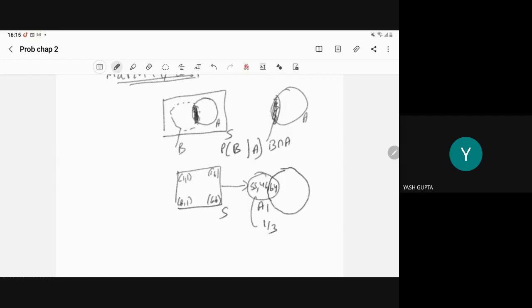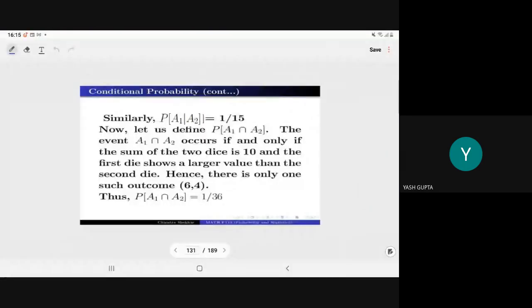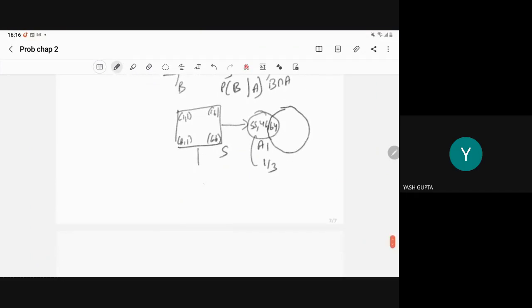So directly from here also you can compute the same thing, but it is preferred to use the probability of A1 intersection A2 divided by the probability of A1. Similarly, if we have the probability of A1 given A2, given A2 means here we have a total of 15 points: 2 comma 1, 3 comma 1, 3 comma 2, and so on, up to 6 comma 5.